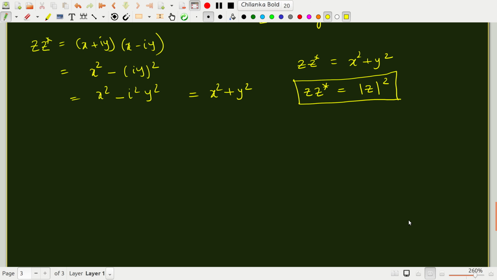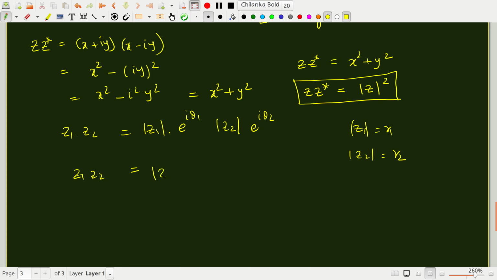In general, if you multiply complex numbers z1 times z2, z1 is mod z1 times e to the i theta 1, and z2 is mod z2 e to the i theta 2. Mod z1 is r1, mod z2 is r2, right? So z1 z2 is mod z1 mod z2 e to the i (theta 1 plus theta 2).